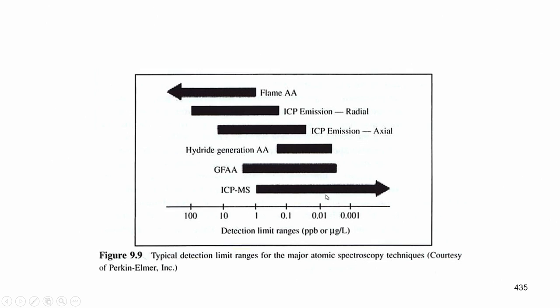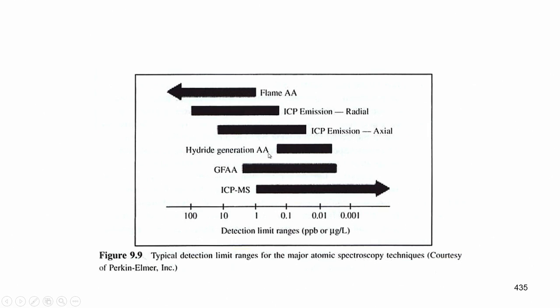If you want to determine elements in the parts per million range, taking 1000 times the detection limit, flame is the preferred technique, and with ICP emission you can work still lower, including ICP radial and axial. For hydride generation you stick only to arsenic, selenium, bismuth, tellurium, etc., hydride-forming elements including lead.